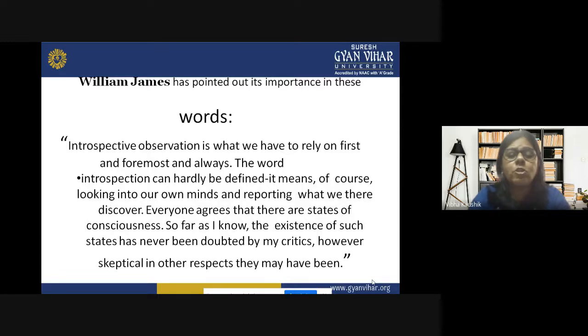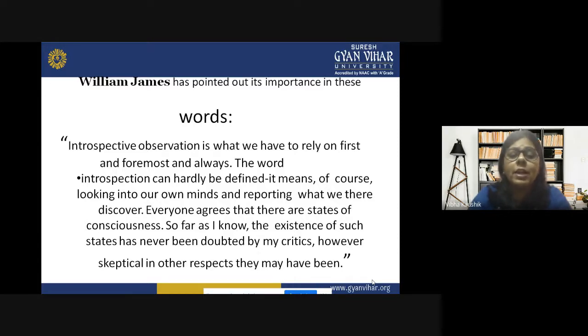The word introspection can hardly be defined; of course, it means looking into our own minds and reporting what we there discover.